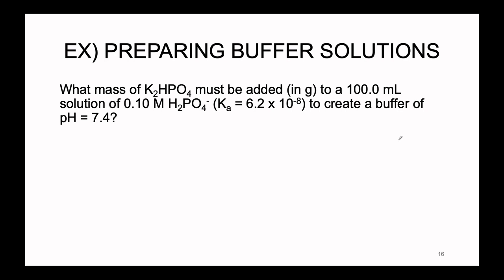So here we have an example laid out to create a phosphate buffer. Phosphate buffers are really common buffers in biochemical labs. In this problem, we're going to be using phosphate to create a buffered solution that has a pH equal to 7.4.